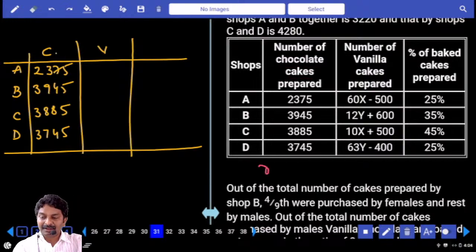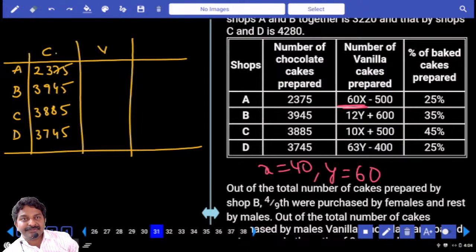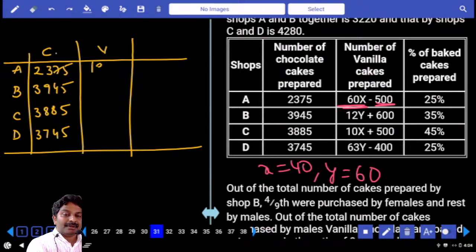Next we have vanilla. What x value did we get? 40. Y value? 60. Substitute. 60 into x, 2400 minus 500, 1900.